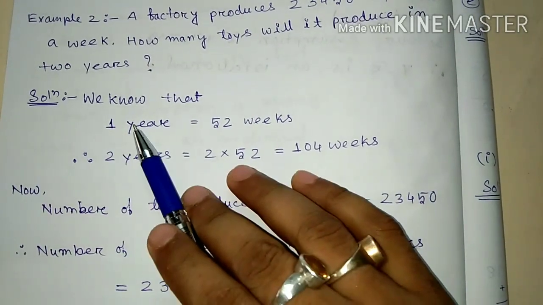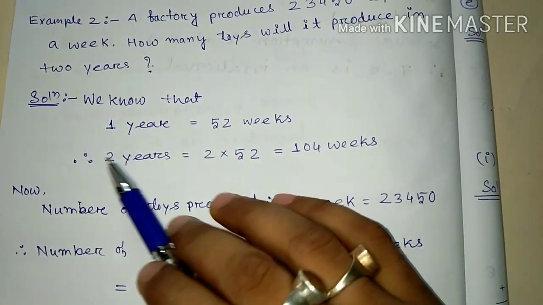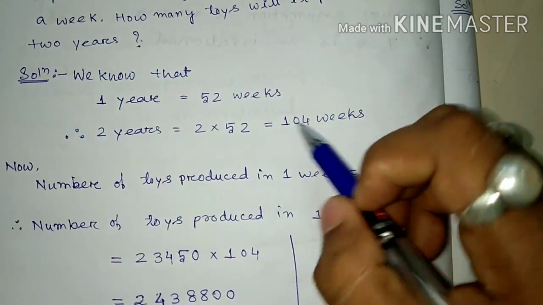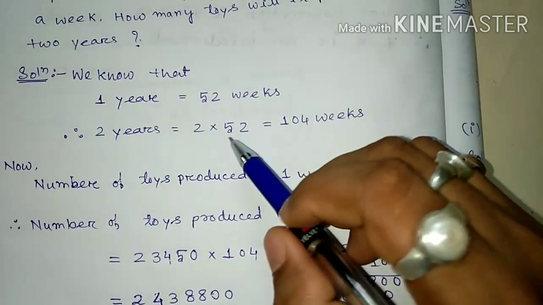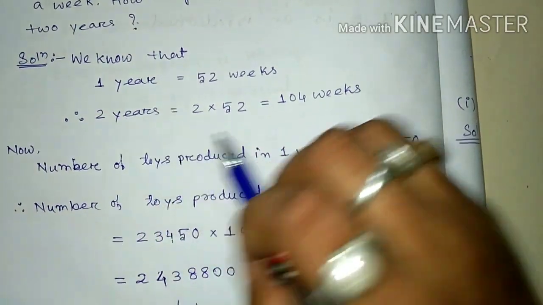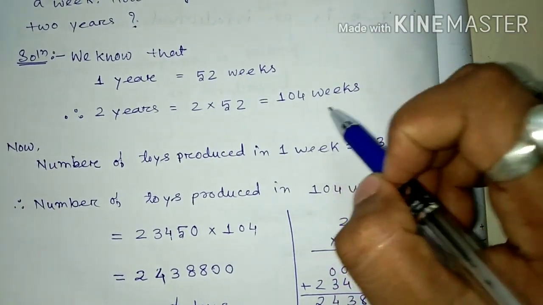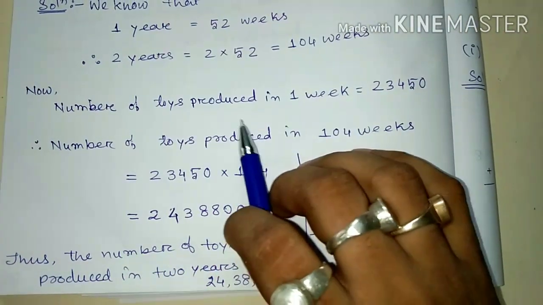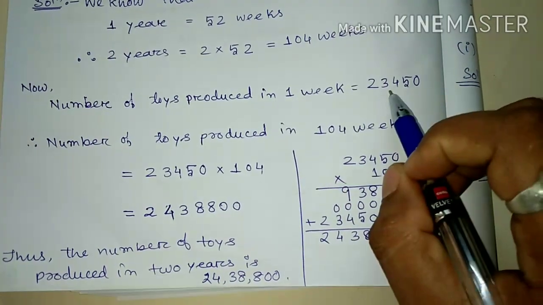So 2 years equal 2 into 52, so you will get 104 weeks. Means in 2 years you will get 104 weeks.